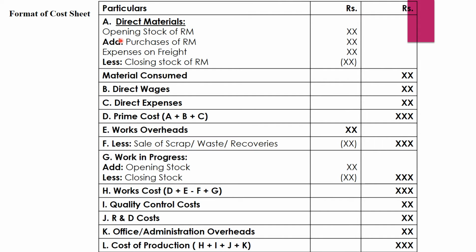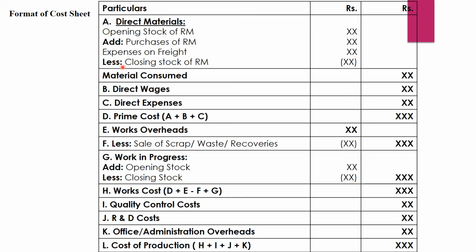The very first item over here is opening stock of raw material. Adding to that, we take up some new purchases of raw material during the year. We also take up expenses on freight, that means whatever transportation expenses are incurred in order to get this raw material is also added to the cost of raw material.